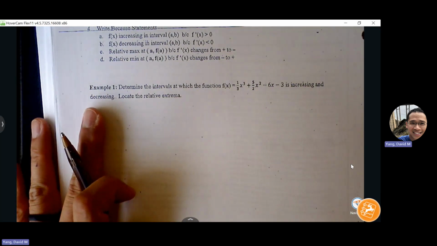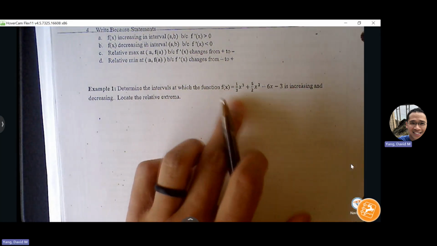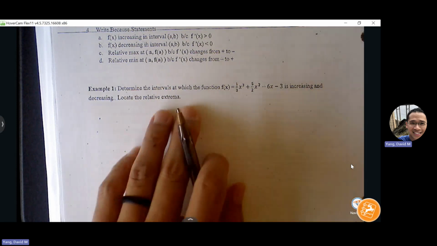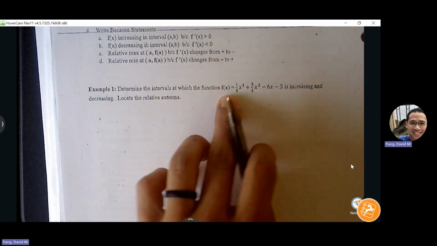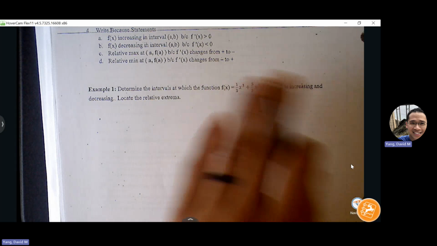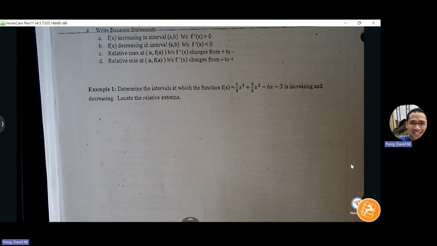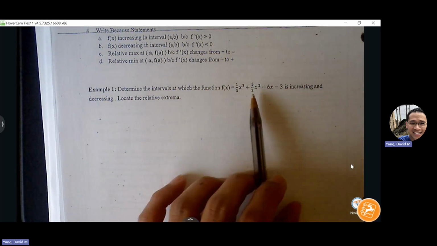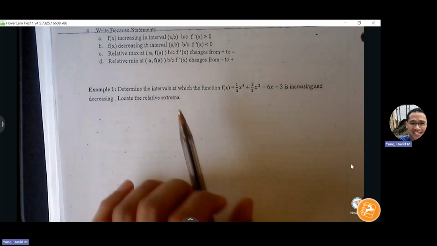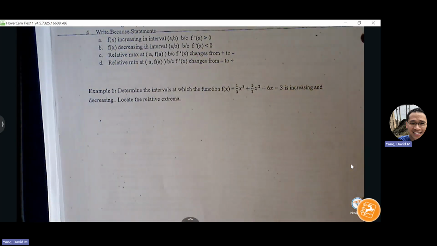So just like how we would approach this problem, if I were to ask you, find when the particle is at rest, you would find the velocity function, which is the first derivative, set equal to 0. Same process here. We're going to find critical points by setting f prime equal to 0. We want to first find out where slope is 0, and then decide what's the behavior around those critical points.